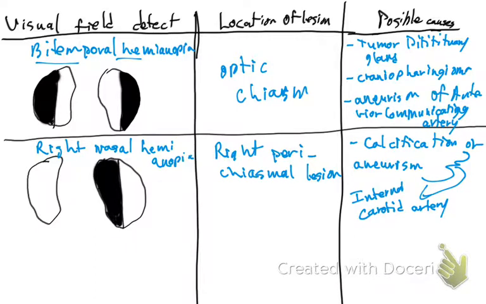Well, could be calcification or a reason of the internal carotid artery impinging on uncrossed lateral retinal fibers. Okay, so this can happen, yeah, so impinging on uncrossed lateral retinal fibers.